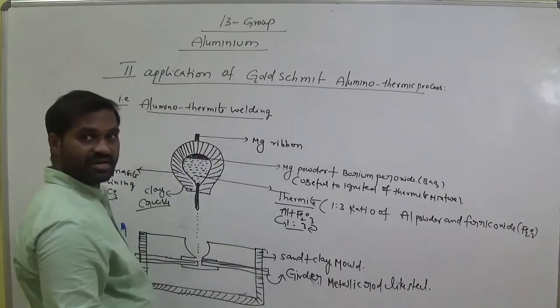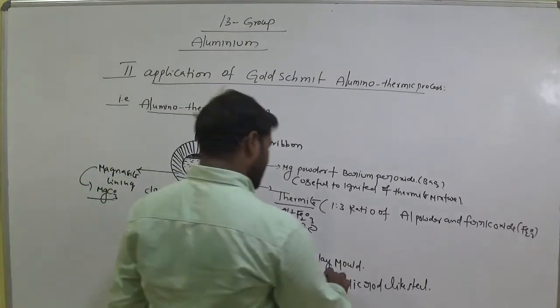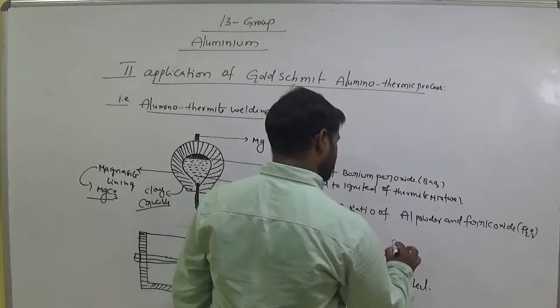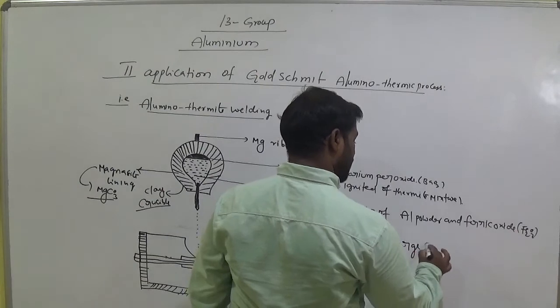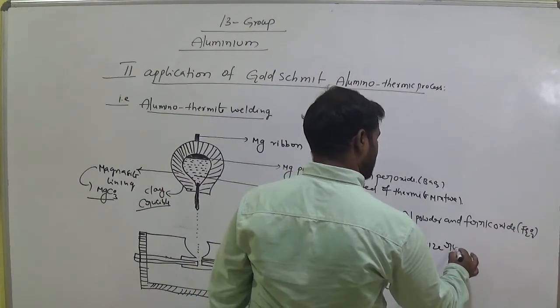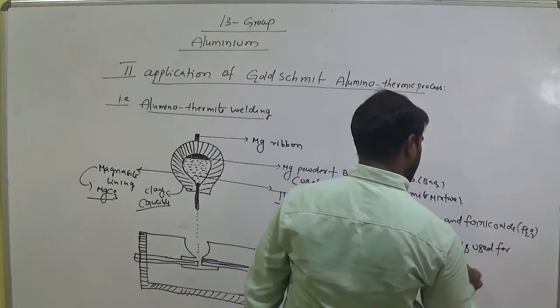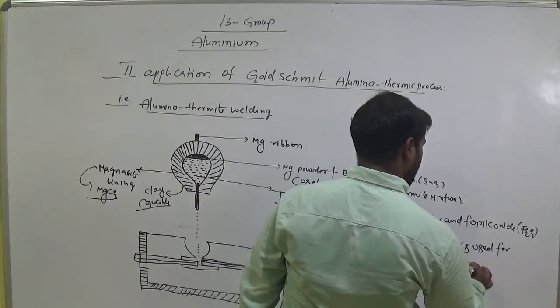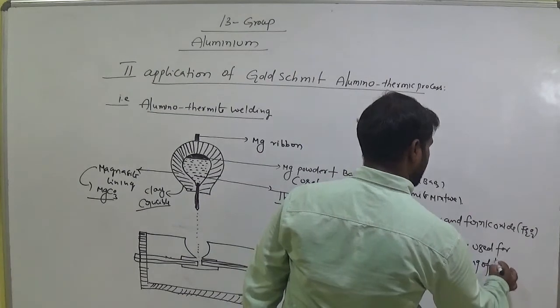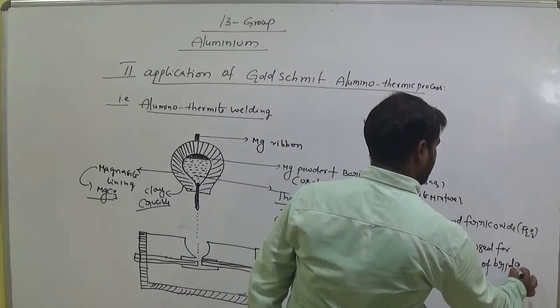Are you able to see this one? Girder means large size rods used for building bridges.